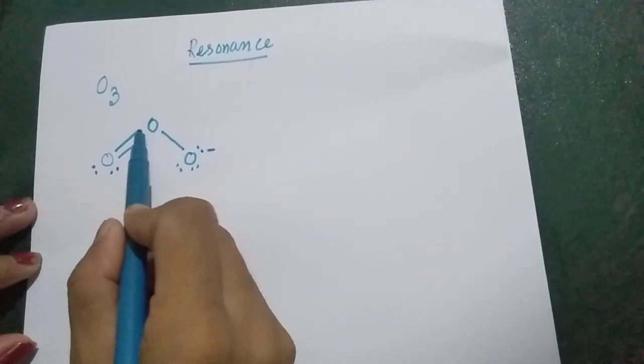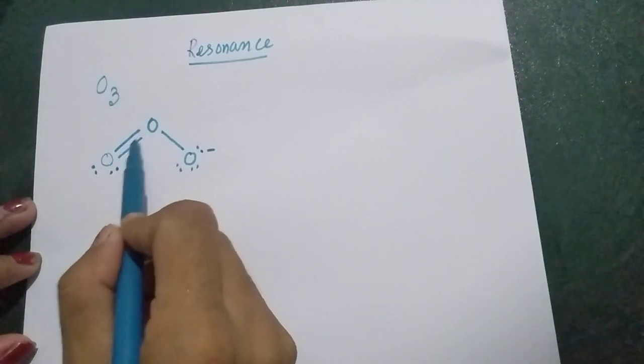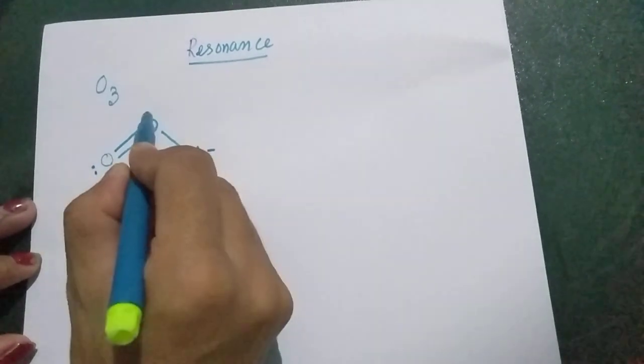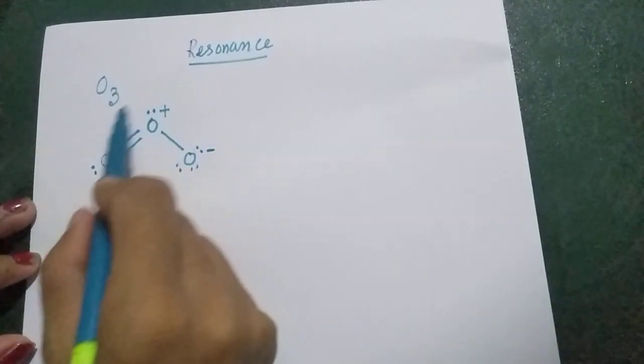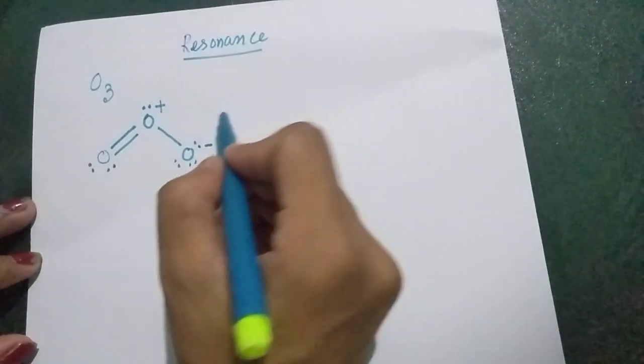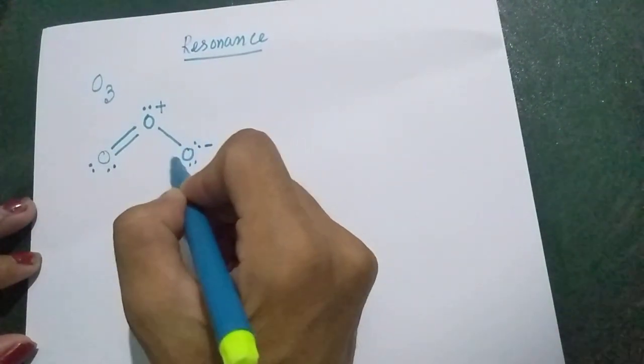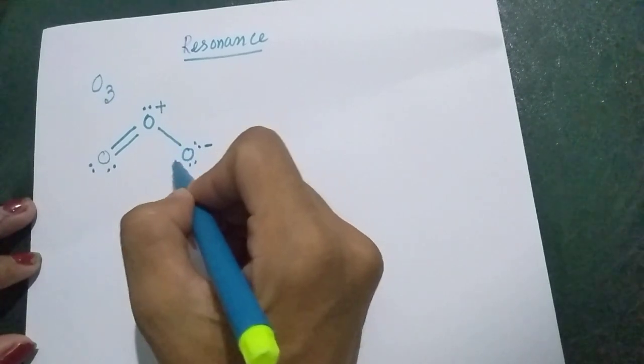The oxygen with three bonds will have one lone pair and a plus charge. So this is the Lewis structure of the O3 molecule.